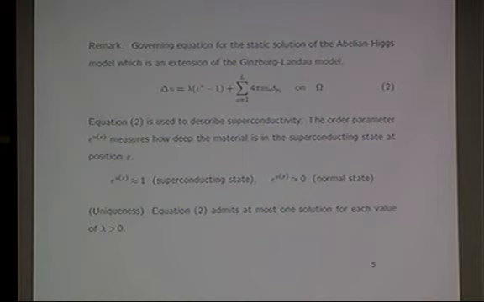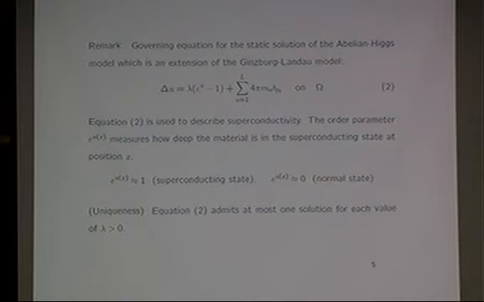It measures how deep the material is in the superconducting state at position x. So if e to the u is close to 1, then that point x is in the superconducting state, while if e to the u is very close to 0, then the point denotes the normal state.